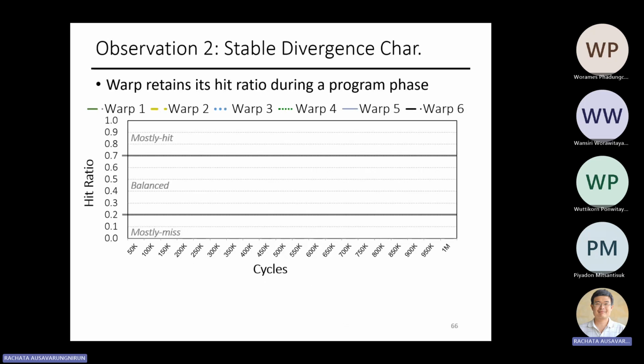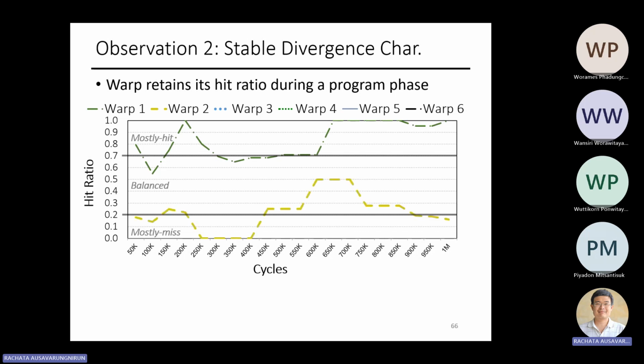To do that, we observe one more thing. If you profile an application and pick a warp at random, over time on the x-axis, you will see the hit ratio on the y-axis, defined by how many threads are hitting versus missing inside the warp. You will see that they tend to stay in the same trend.